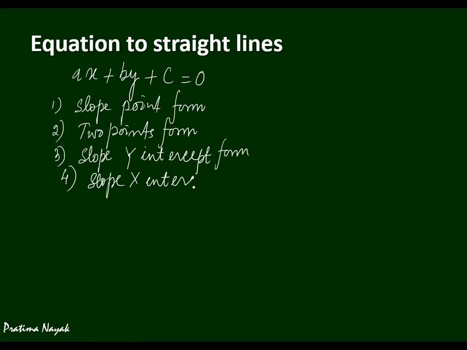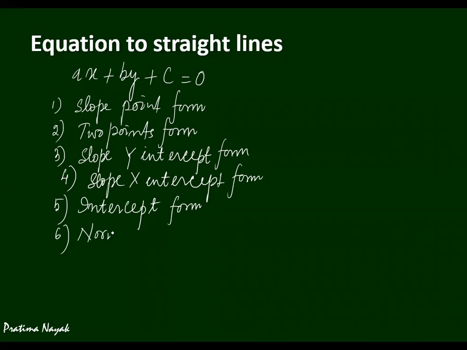That is slope x-intercept form. Next I'll get intercept forms. That means both x-intercept and y-intercept are given. No slope is given. Sixth is your normal form. So we'll go one by one.